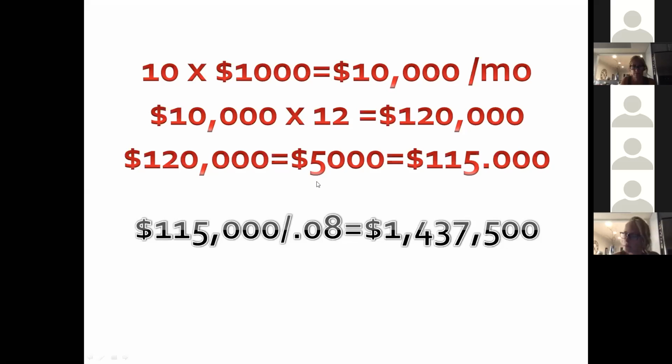So if you have an apartment complex that yields $115,000 worth of net operating income a year, and you're looking for a cap rate of 8%, that's a high cap rate, then you'd be looking at a property that was $1,437,500.